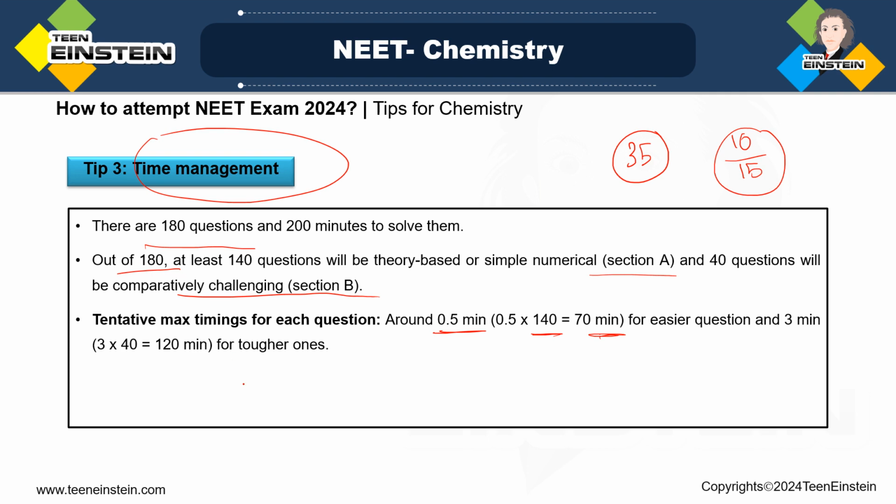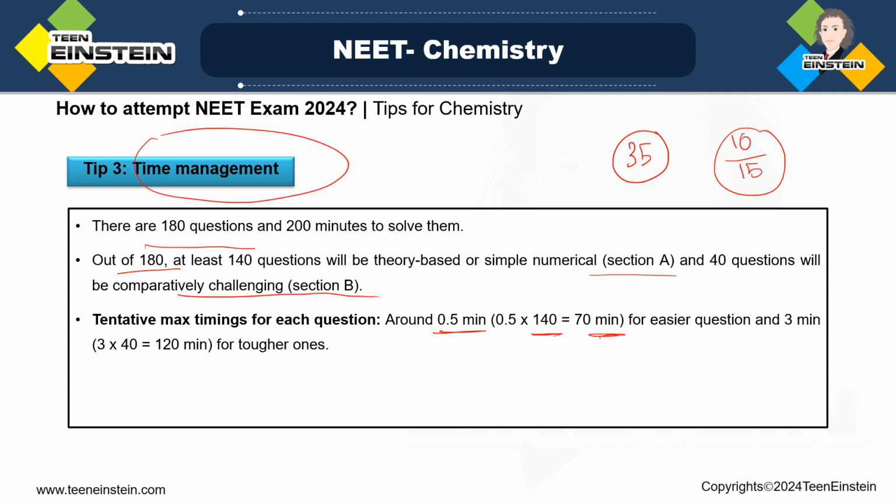So now it will be 120 minutes. Now it is not that I am saying section A or section B. Overall, simple numerical questions are mostly from section A, and comparatively challenging questions are from section B, but there may sometimes be some in section A also.